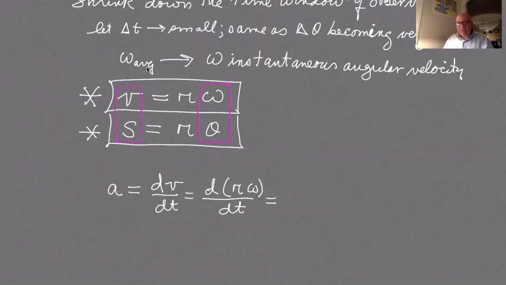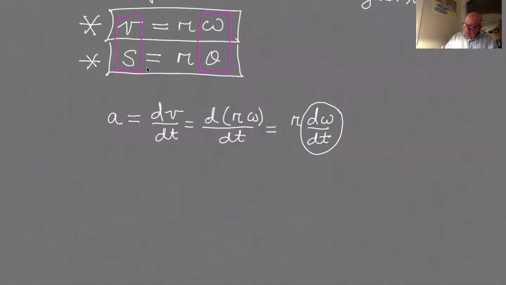So we can talk about mass 1 being at radius r1, mass 2 being at radius r2. Those radii are constant. And so then this becomes r d omega over dt. And what do you think we're going to call this? We're going to call that the angular acceleration. So the angular acceleration alpha is going to be defined as d omega dt.